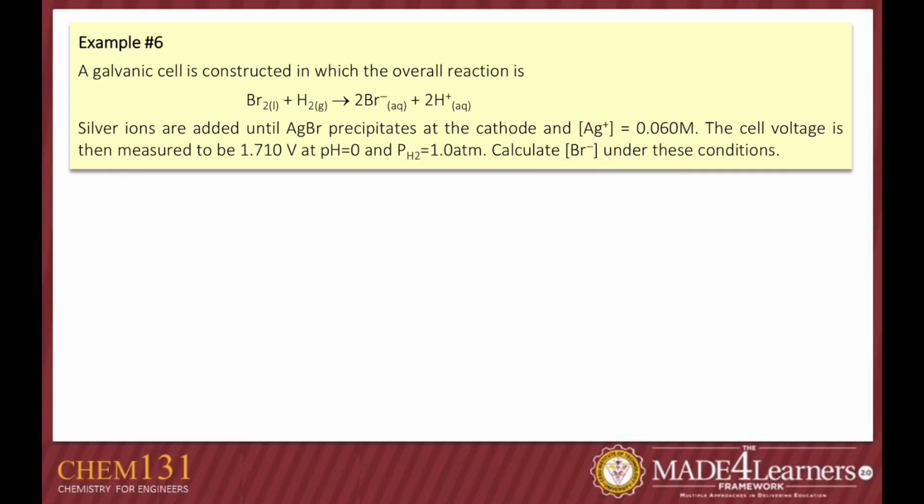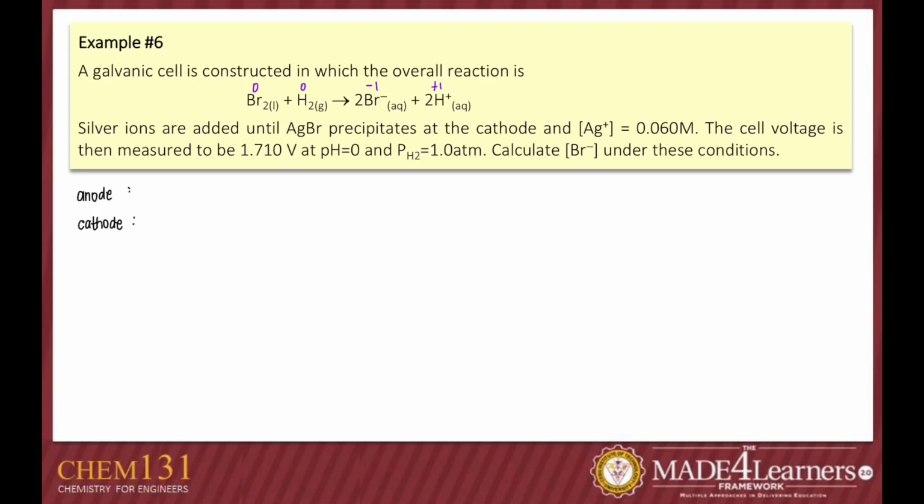So first, we are to determine what half reaction occurs at the anode and what half reaction occurs at the cathode. So at the anode, the oxidation numbers are the same as before: bromine is 0, 0, negative 1, positive 1.